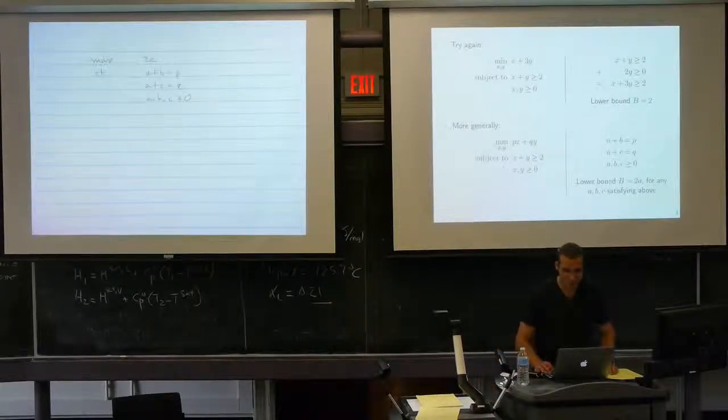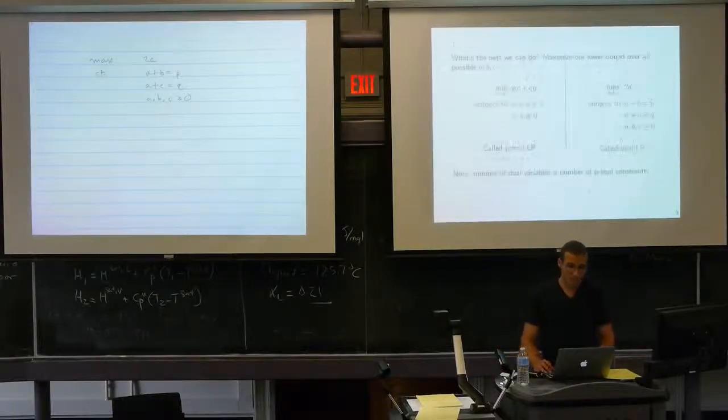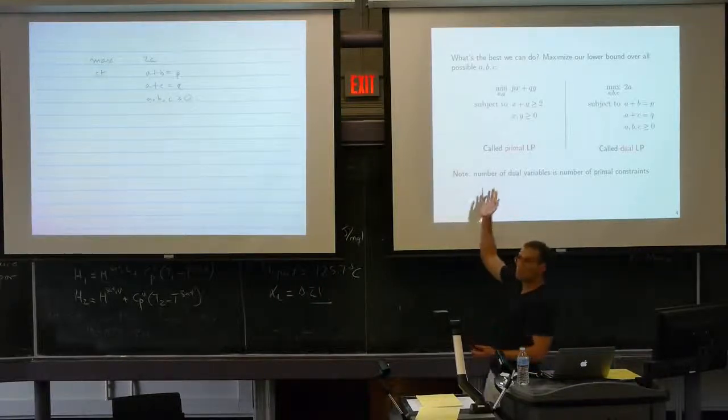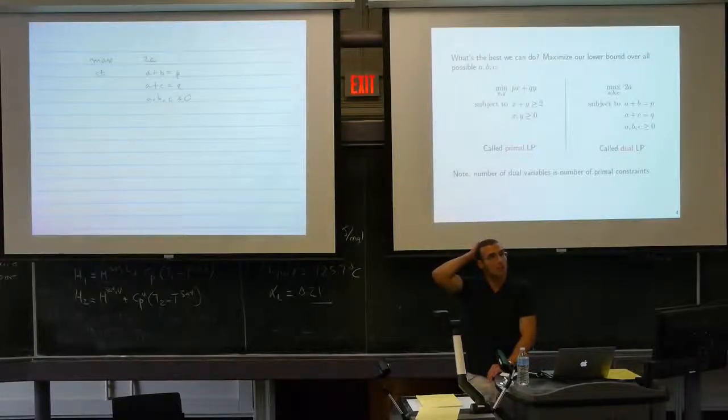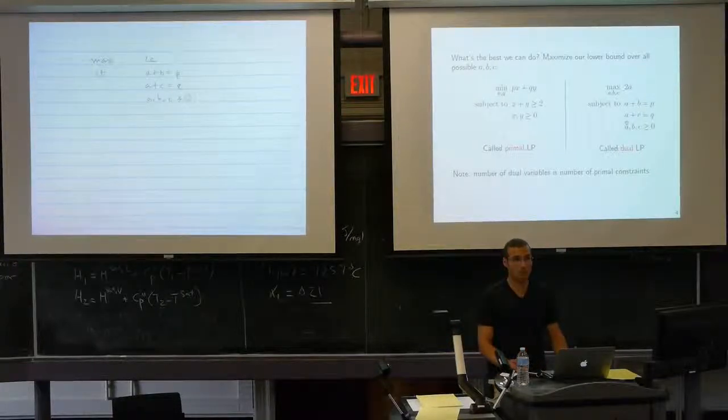There's too many answers to the questions I was asking, so that's my fault. But it's a linear program. We had a linear program, and we wanted to find the largest lower bound we could on its optimal criterion value. And we do that by solving another linear program.